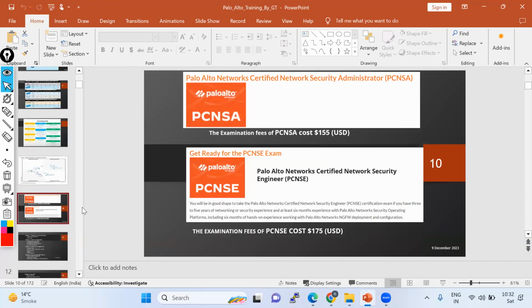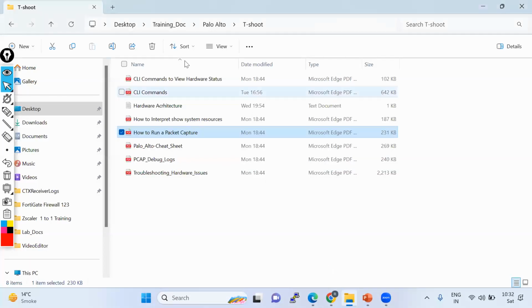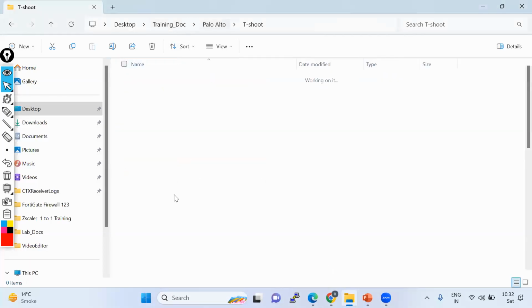After the certification part, we'll come to the actual curriculum, where we'll start from zero: the platform and architecture of the Palo Alto firewall, what it looks like from the architecture point of view, and the packet flow, how it happens. Step by step, we are going to understand all the packet flow.